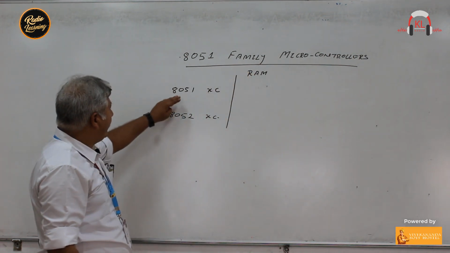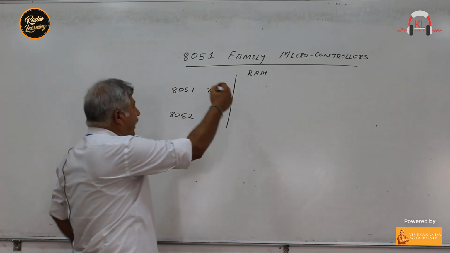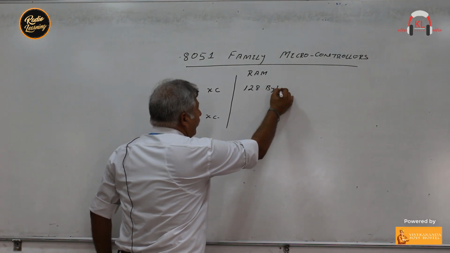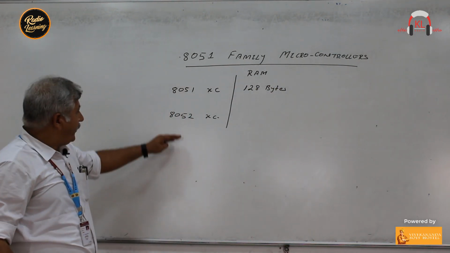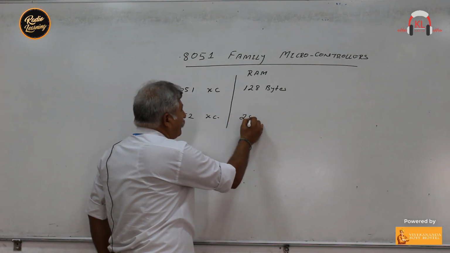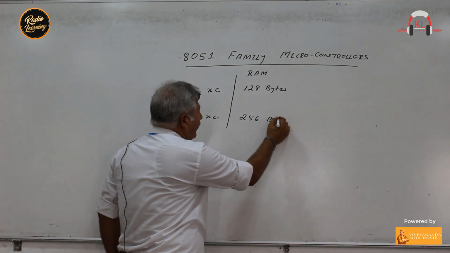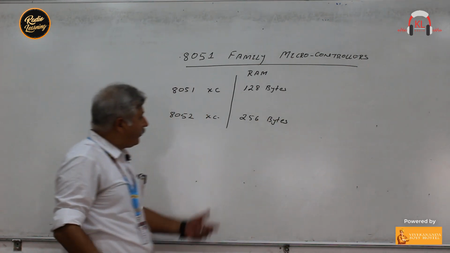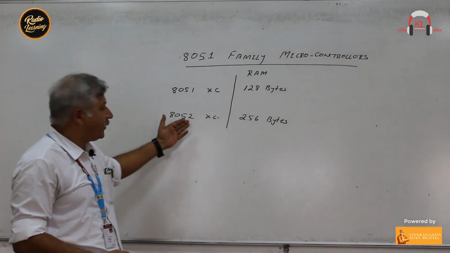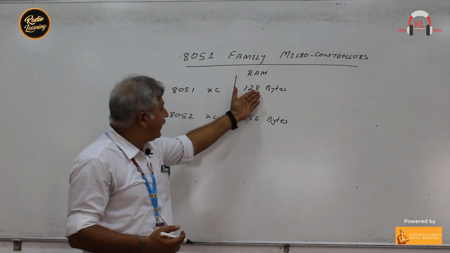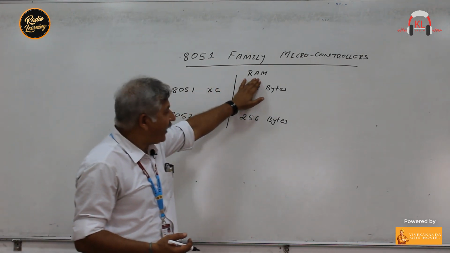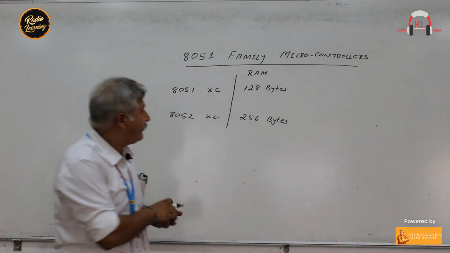In case of 8051 microcontroller, the size of RAM is 128 bytes. In case of 8052, it is 256 bytes. This means only 256 bytes we can store in RAM in case of 8052, and only 128 bytes in case of 8051. And this RAM is the internal part of the microcontroller.